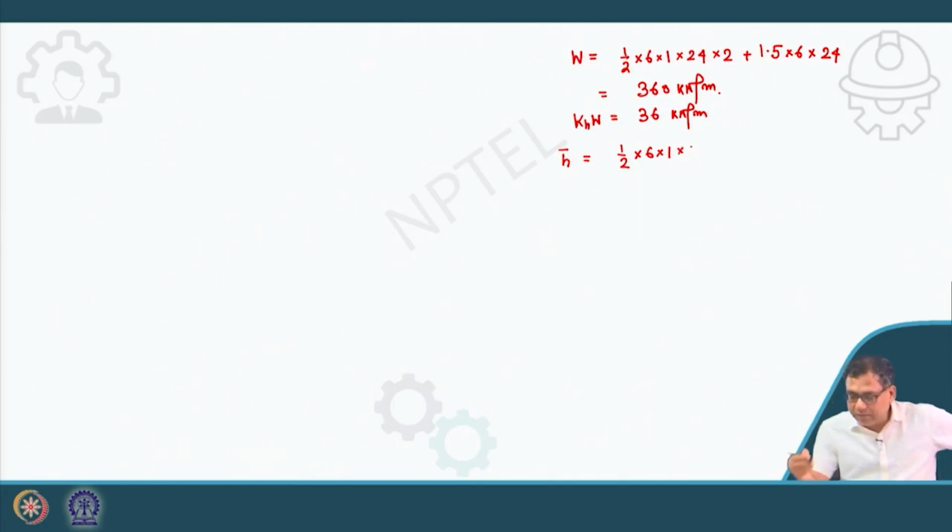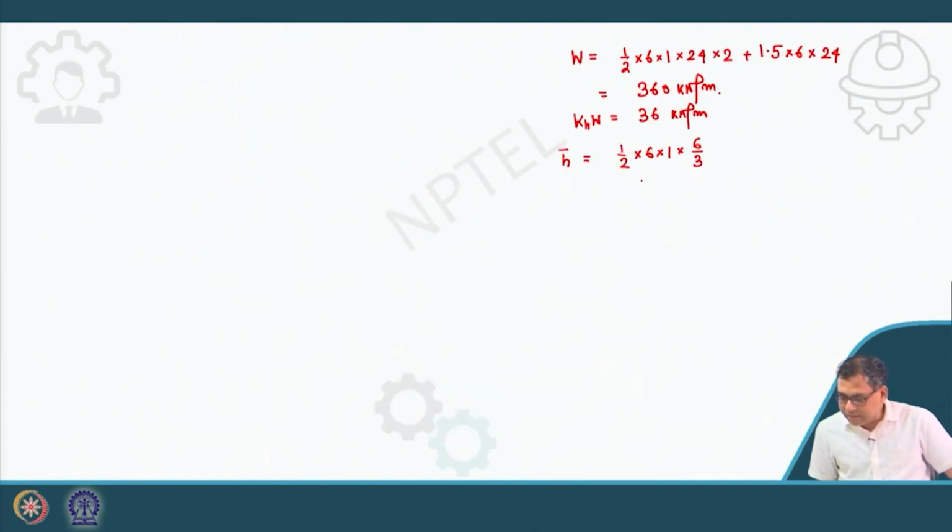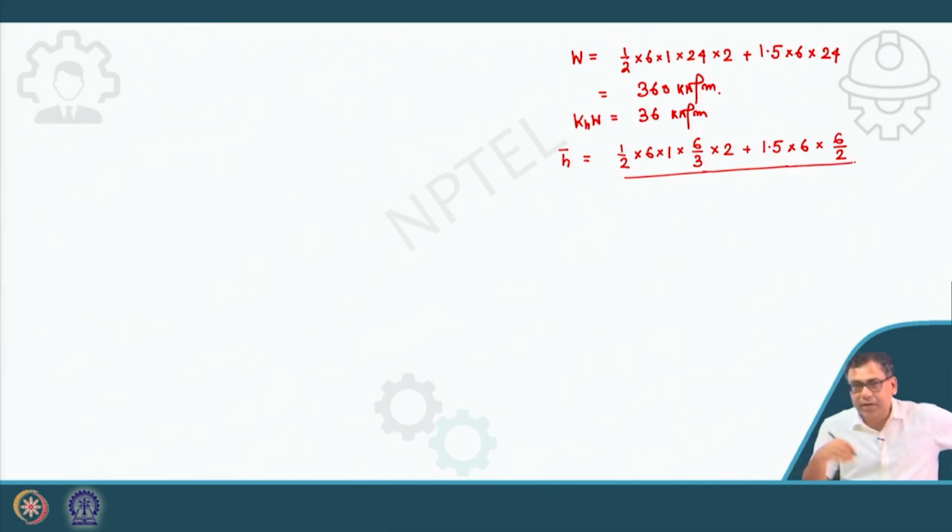Taking the lever arm for this triangle as 6 by 3, that is 1/3 of h from the base, for two triangles, plus the rectangle 1.5 into 6 as the area, with lever arm h by 2 from the base, divided by the total area of the retaining wall.